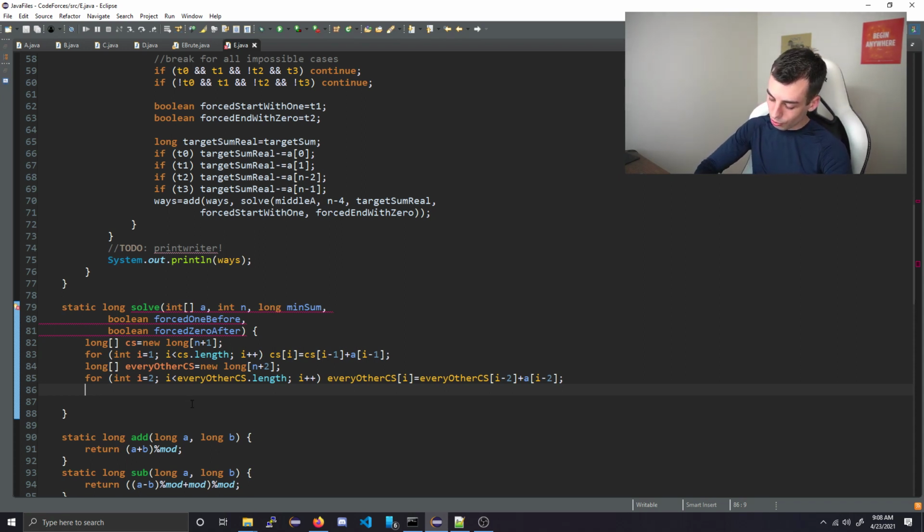So we're going to brute force this split point. Then we're going to add to the segment tree, and then we're going to query from the segment tree.